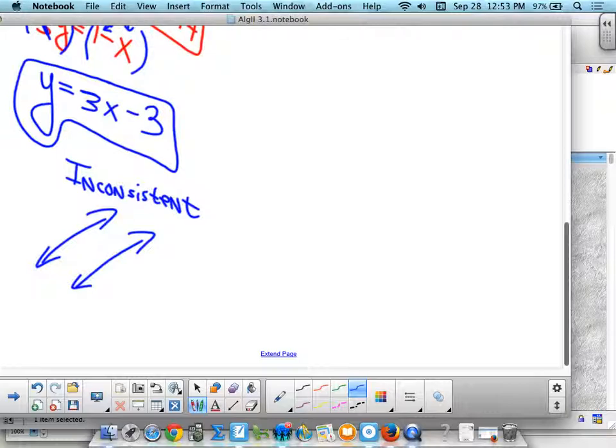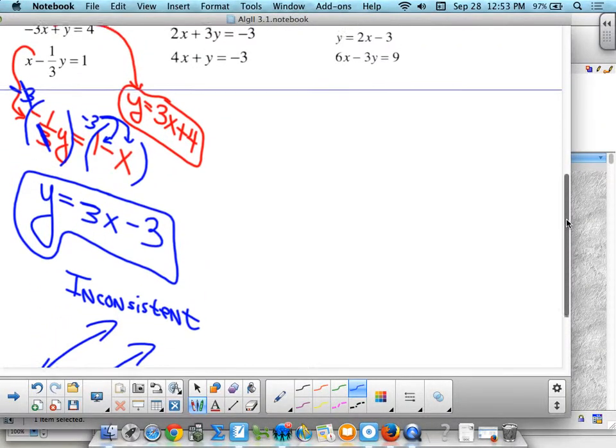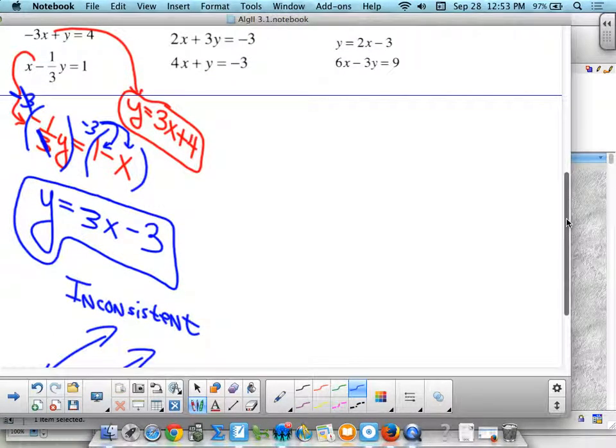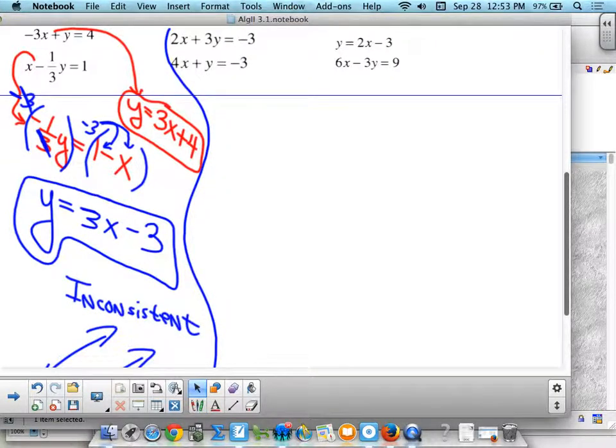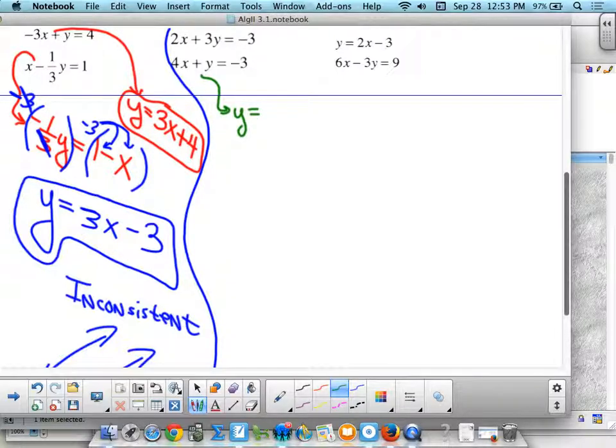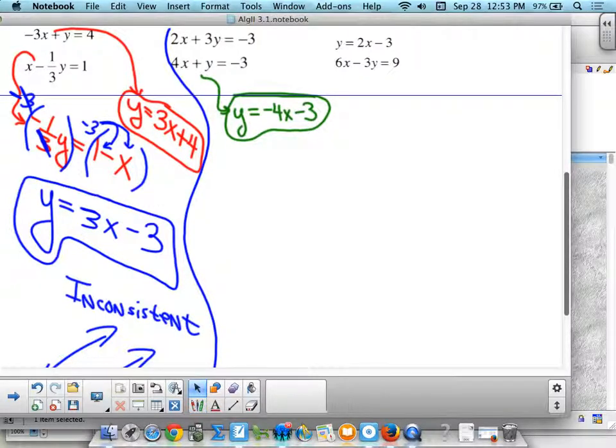All right, do the middle one. Try solve for y. The bottom equation's pretty quick. Bottom equation, all I had to do was subtract 4x.